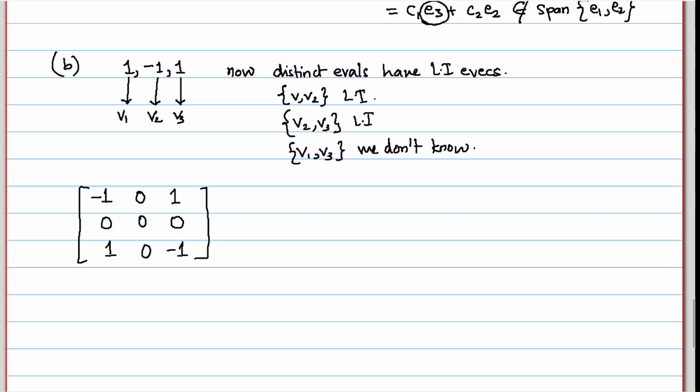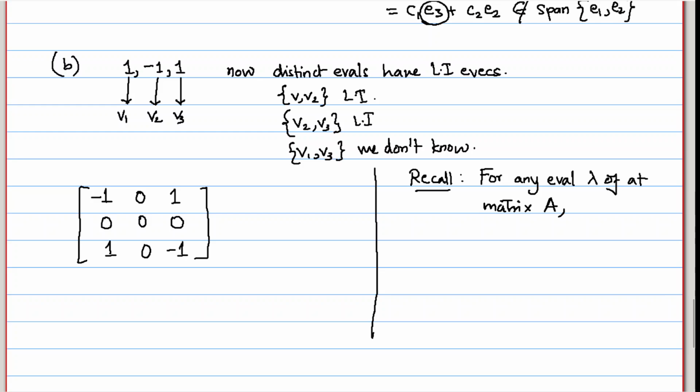Recall that for any eigenvalue lambda of a matrix A, there is something called an eigenspace. What is that space? An eigenspace of lambda is the set of all eigenvectors which correspond to the eigenvalue lambda.